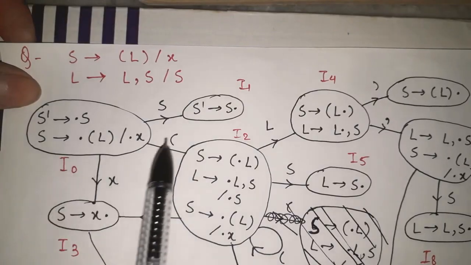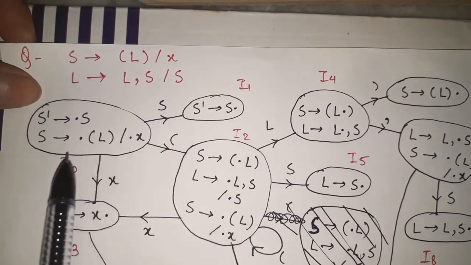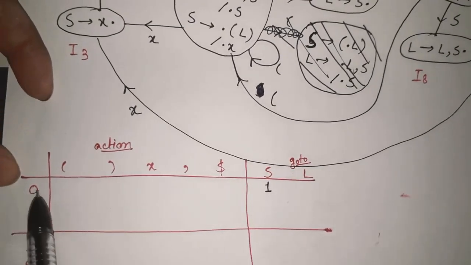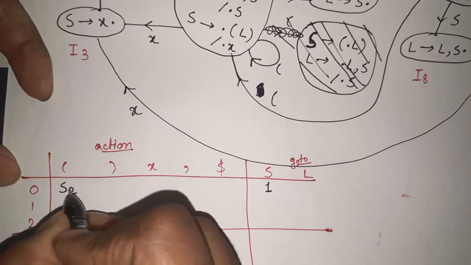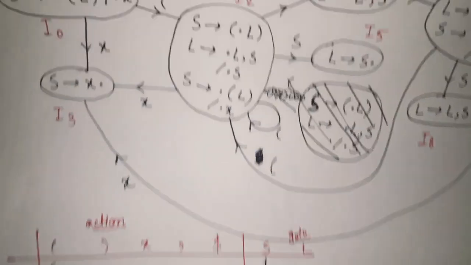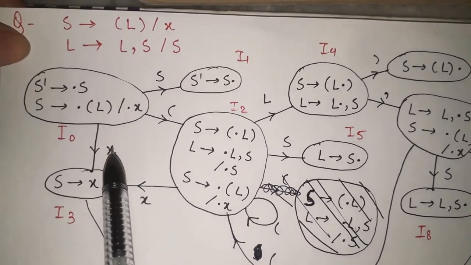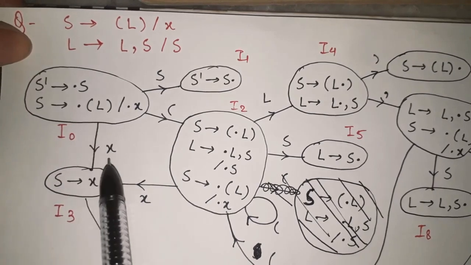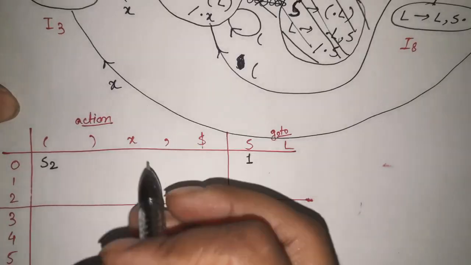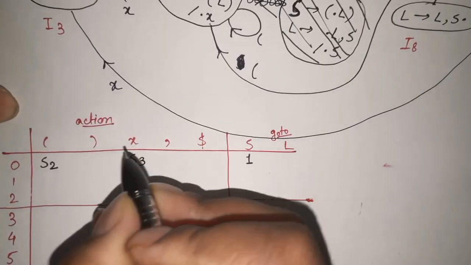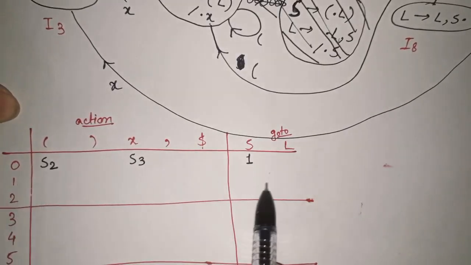From 0 on opening bracket, we are going to 2. In the action part we are writing it as S2 because it is a shift move. From 0 on X, we are going to 3. Fine, so that's it for the 0th state.